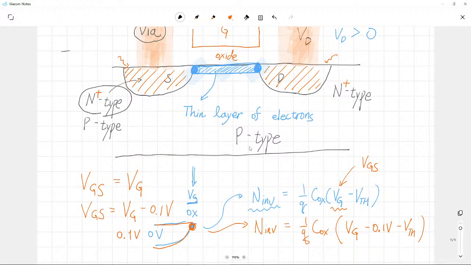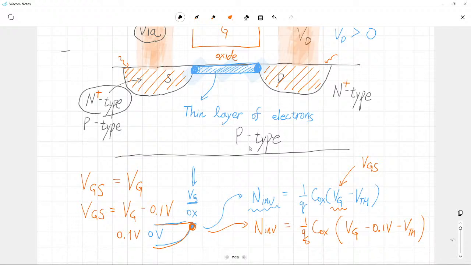Okay, so are you with me? Simply speaking, if we introduce a non-zero voltage to the source, effectively the difference becomes reduced, so we will have a smaller number of electrons collected in this inversion layer. That is my explanation about this situation.